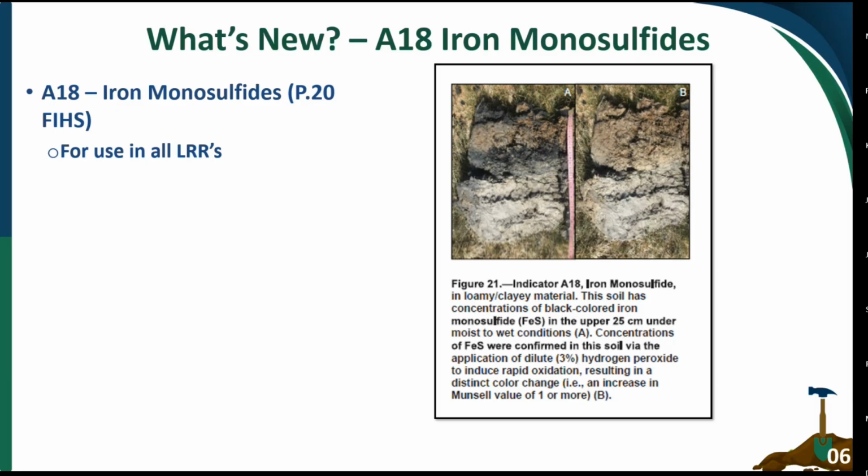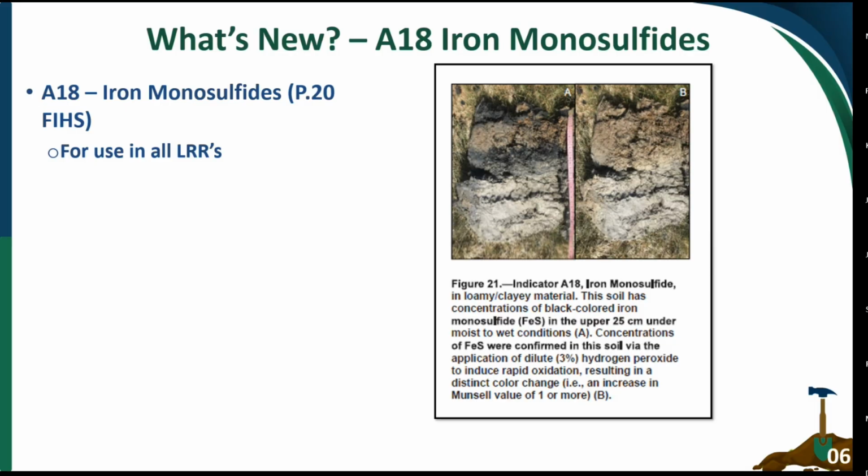Most often, this indicator is going to be in extremely reduced environments, and there is a darkening of the soil that is not caused by organic matter, but instead is caused by iron monosulfides.